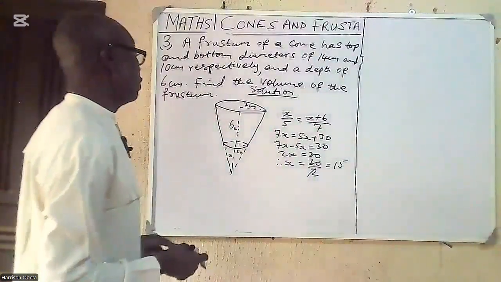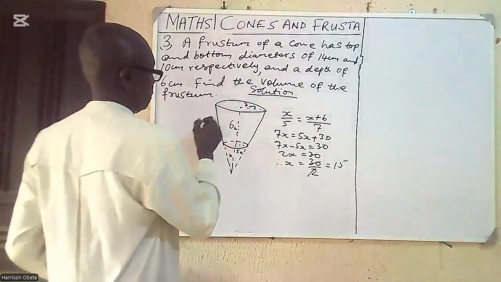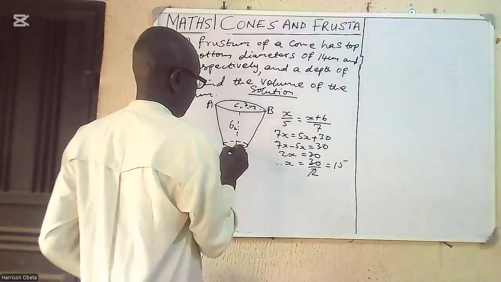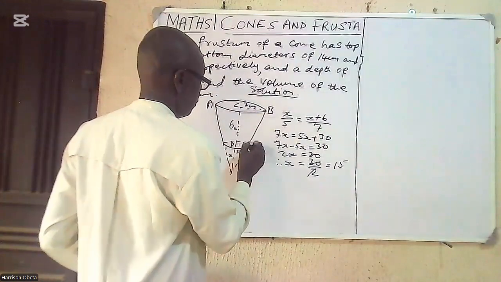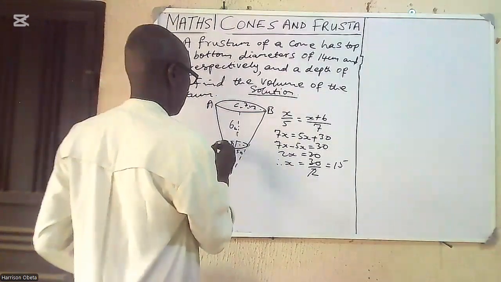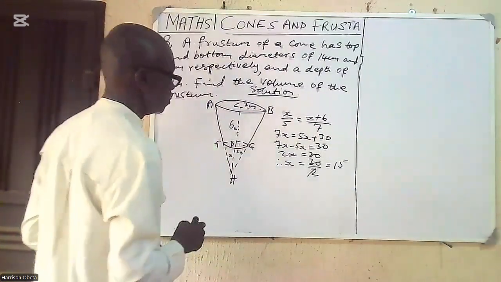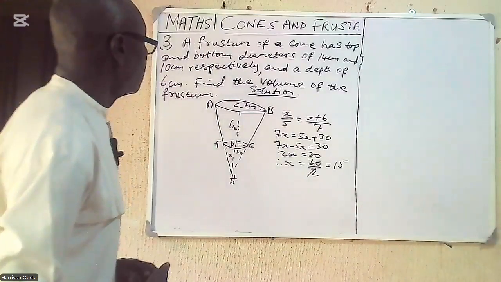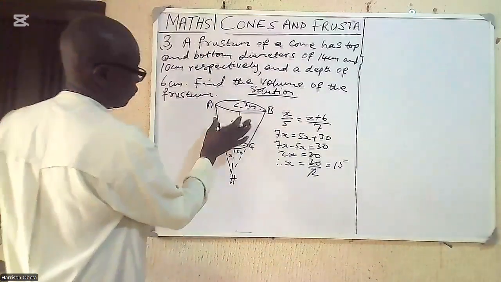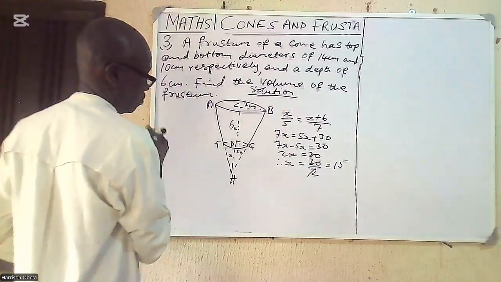Then we are looking for the volume of the frosting. That is the volume of this upper part. So we have the usual A, B, C, D, E, F, G, H. So in order to do that, as usual, volume of the bigger cone minus the volume of the smaller cone.